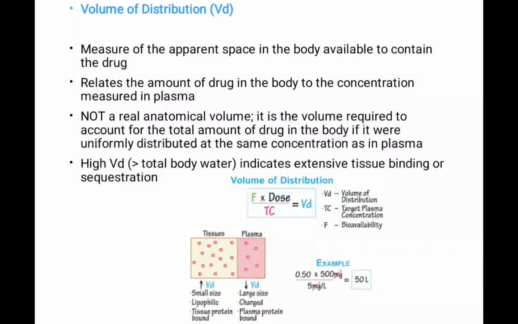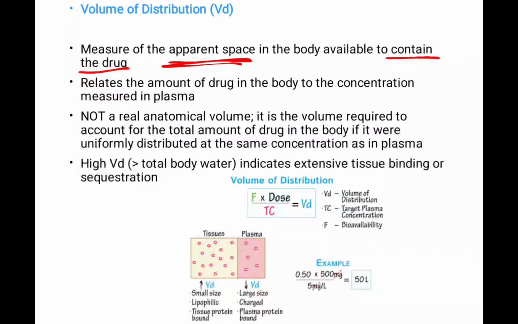Now, volume of distribution. A volume of distribution is a measure of the apparent space in the body available to contain the drug. It relates the amount of the drug in the body to the concentration measured in what? Plasma.